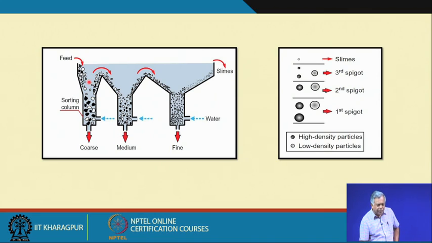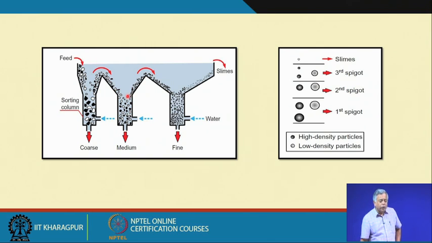The 100 to 80 micrometer particles settle, while the remaining particles have a much lower settling velocity than 4.5 millimeter per second, so they will not settle here and will be transported to the next column.